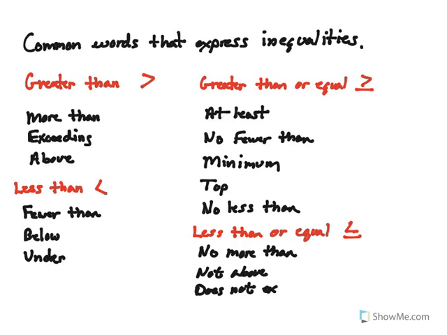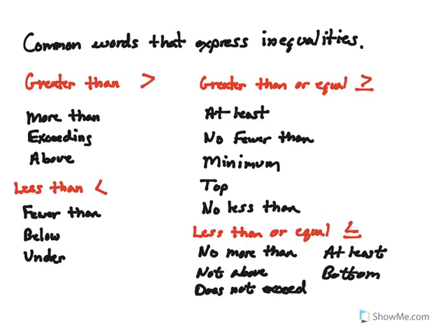Does not exceed. Okay. At least. And bottom. Okay, so those are the common words to look out for. There's probably going to be more, but these are generally a few of them that you're going to see. Okay, so use this table to help you, and it'll generally give you most of what you're looking for in general terms.